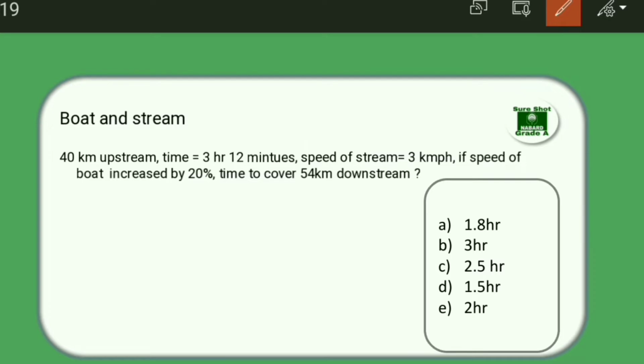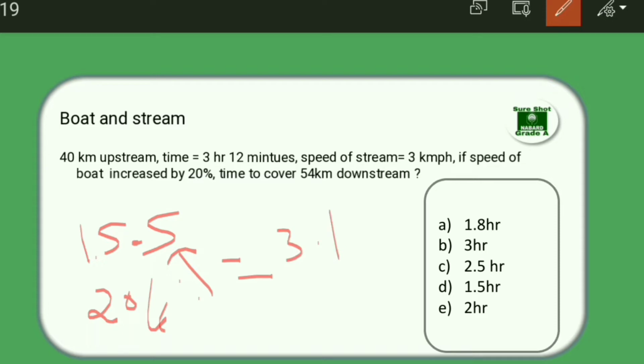If the speed of the boat is increased by 20%, that means a 20% increase in 15.5. What's 10%? Just shift the point, 1.55. So what's 20%? Two times 10%: 1.55 plus 1.55 comes to 3.1. So after the 20% increase, the speed of the boat would be 15.5 plus 3.1, which is 18.6.